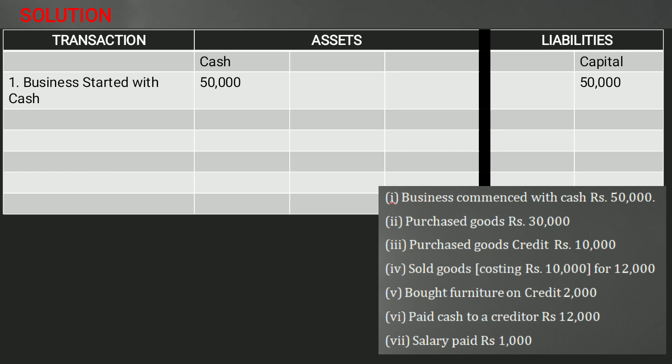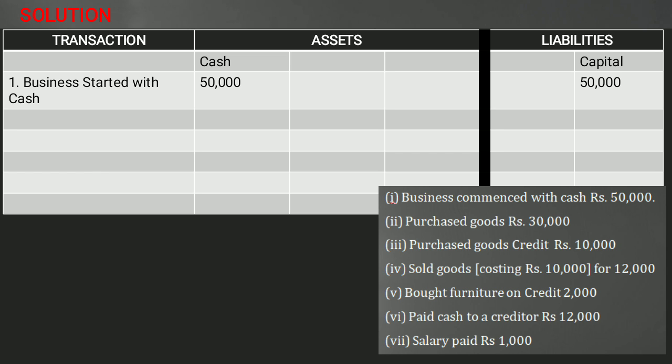So here you can check the first transaction: business commenced with cash rupees 50,000. You have to think from the business point of view. If we think according to the business point of view, you can guess that in the business 50,000 rupees is coming. When we start our business, that is called capital, and capital is part of liability.